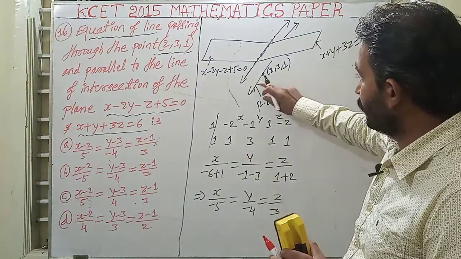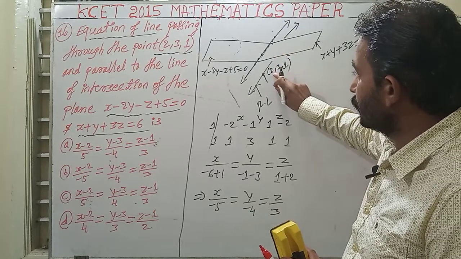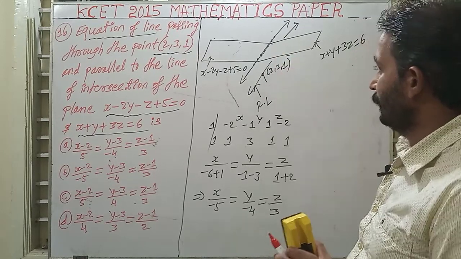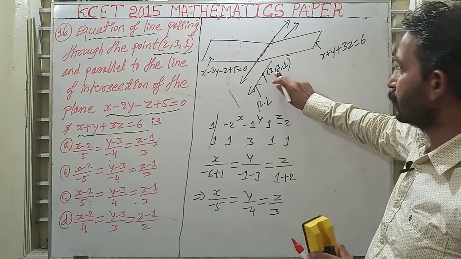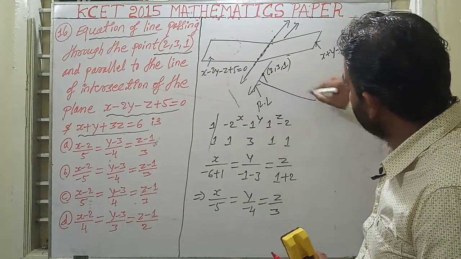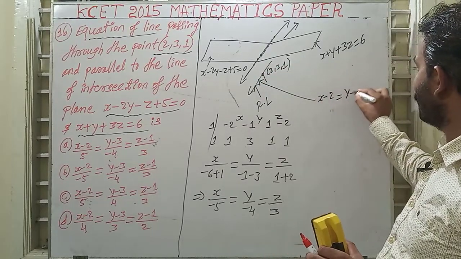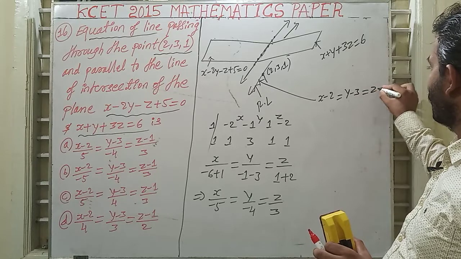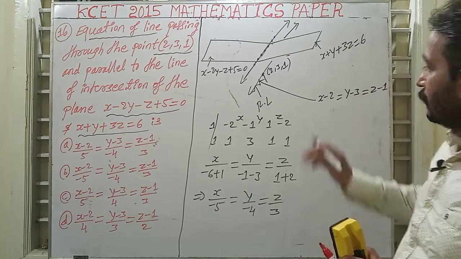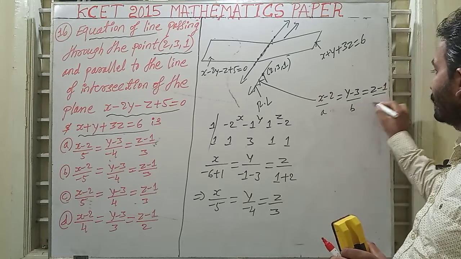So we have to find this line equation passing through the point 2, 3, 1. Line passing through 2, 3, 1 means this line: x minus 2 equal to y minus 3 equal to z minus 1. So what is in the denominator? The direction ratios a, b, c.